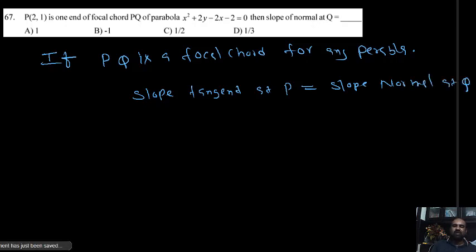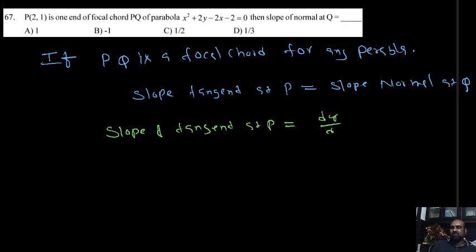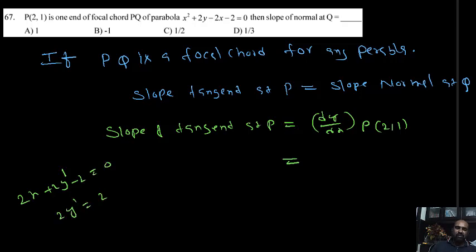The question asks you to find the slope of the normal at Q. It is better to find the slope of the tangent at P. The slope of the tangent at P is the first derivative of the curve at the particular point P, that is (2, 1). I will find it in rough: 2x + 2y y' - 2 = 0, or 2y' = 2 - 2x, or y' = 1 - x.